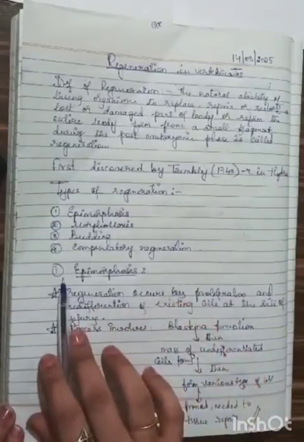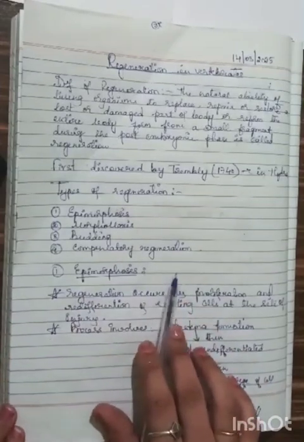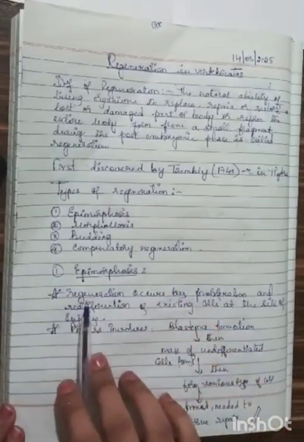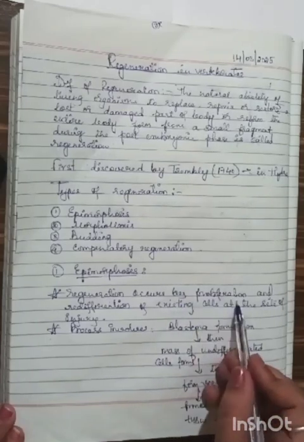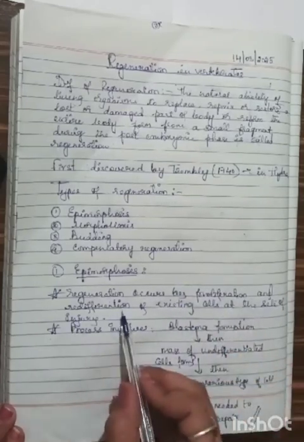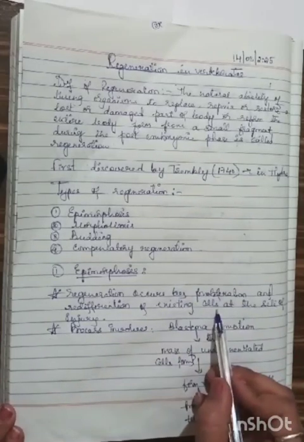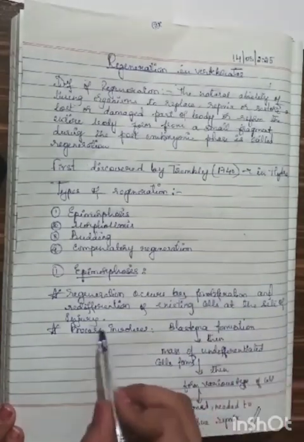The first one is epimorphosis type of regeneration. This regeneration occurs by proliferation and redifferentiation of existing cells only at the site of injury.